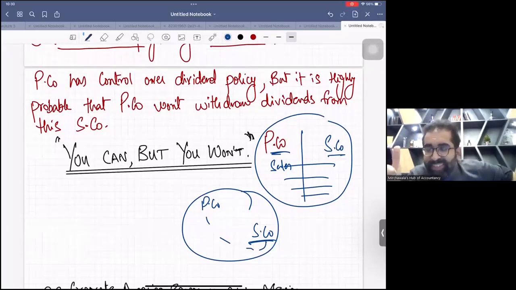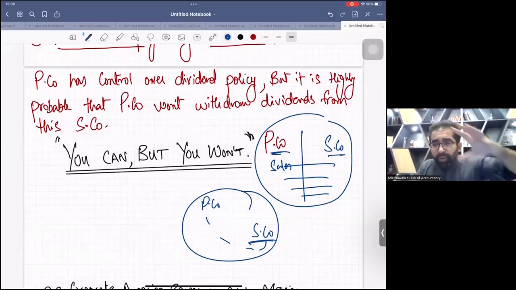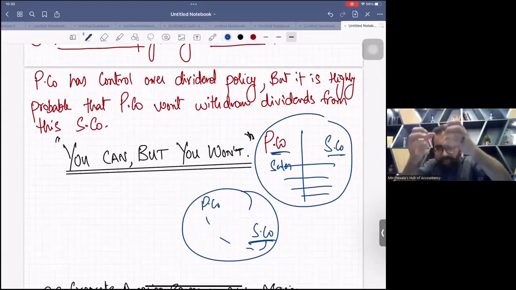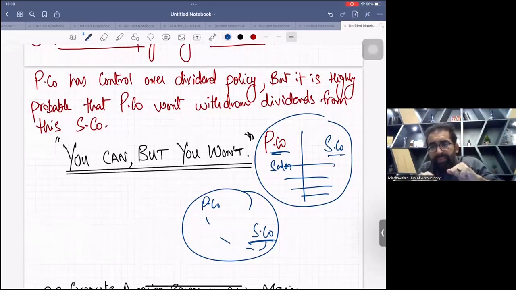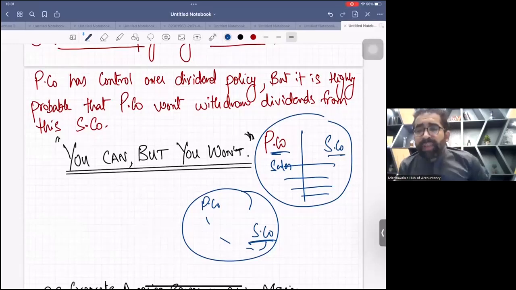So yes, in this case, this is a taxable temporary difference. Why? Because we are booking the profits of S company now, and the tax department is saying that they will be charging tax on these profits in future if you withdraw them as a dividend.